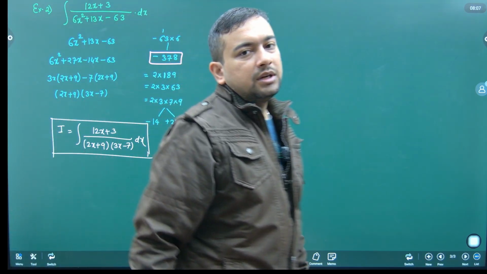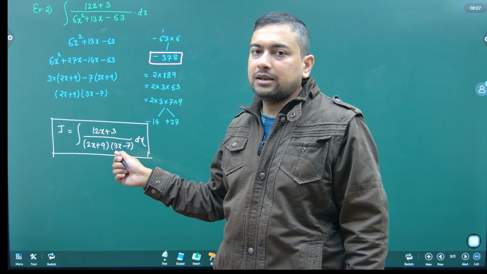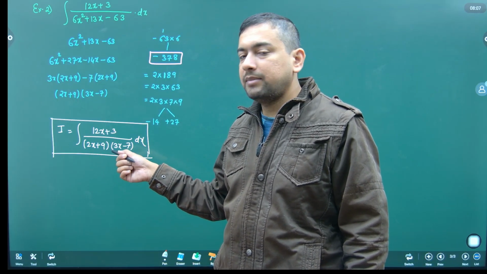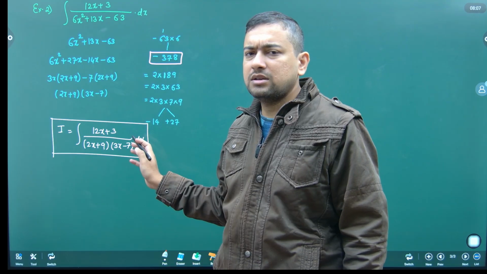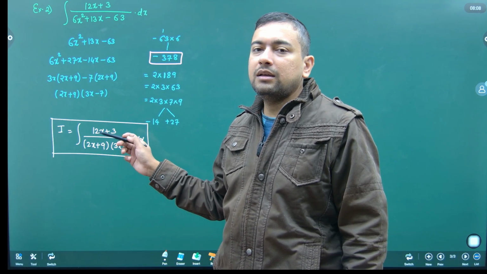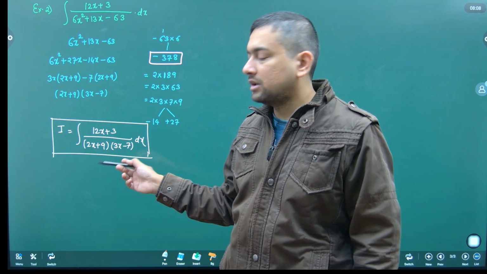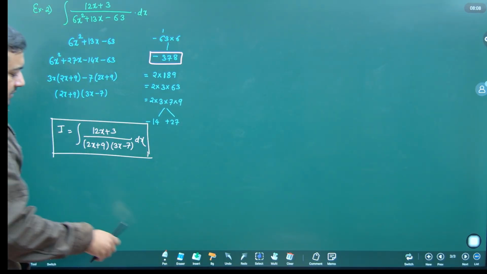Observe the denominator. What does the denominator consist of? Are the factors linear? Yes. Are they non-repeated? Of course, these are non-repeated. Is there any square there? No. So these are non-repeated linear factors, so again it is a type 1 example.